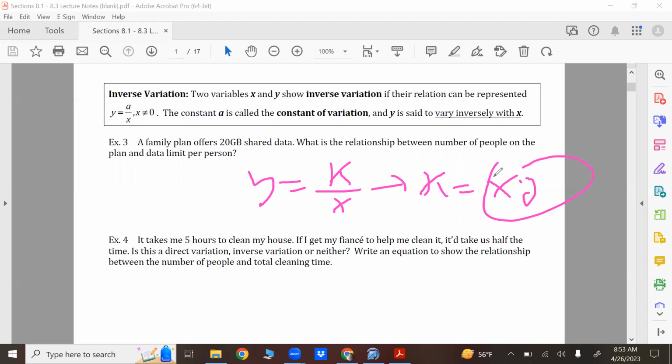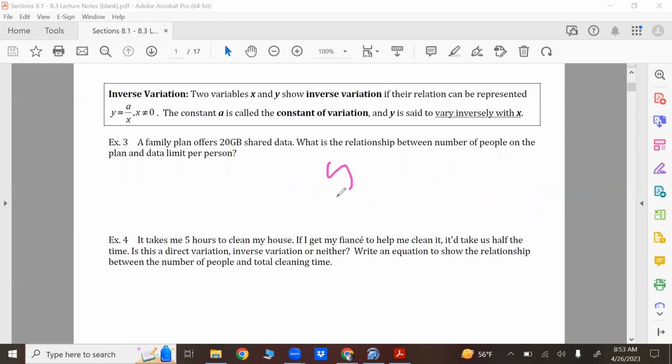So that's what's happening there. Whereas the direct variation was y equals k times x, so k is y over x. So in that case, that's a constant ratio. I'll tie this all together when we finish these examples so that you get all of them straight.